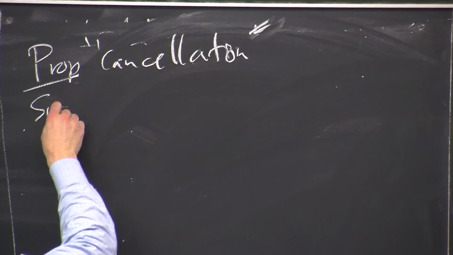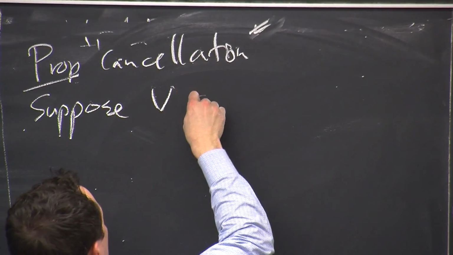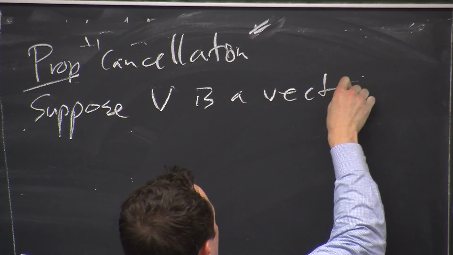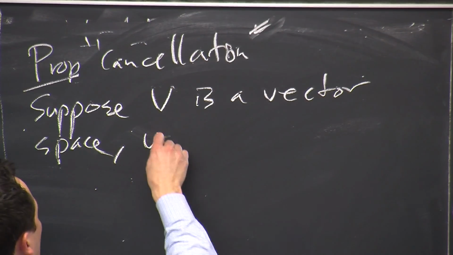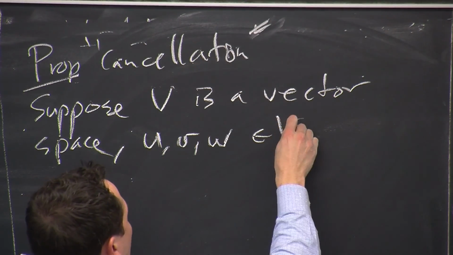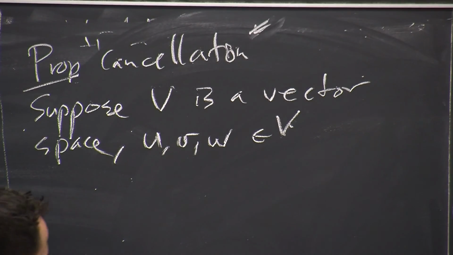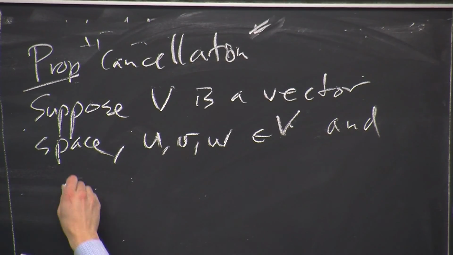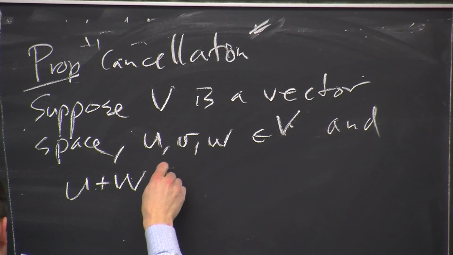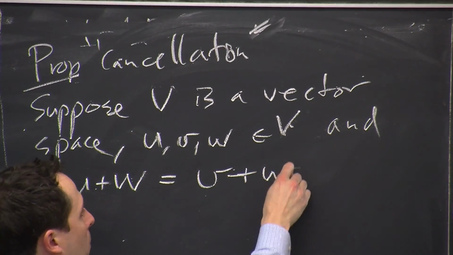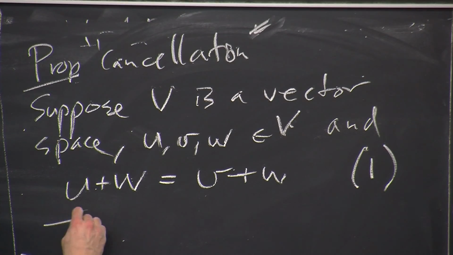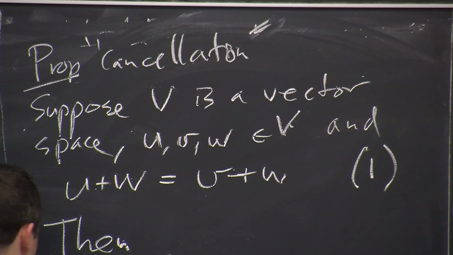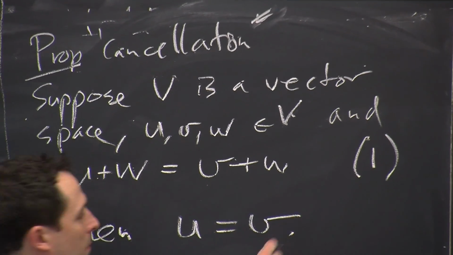Suppose V is a vector space. u, v, and w are vectors in V, and u plus w equals v plus w. Now I'm going to give this a label so that I can refer to it later. I'm going to call it equation 1. And the theorem says that then u equals v.